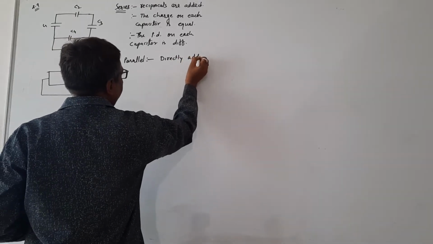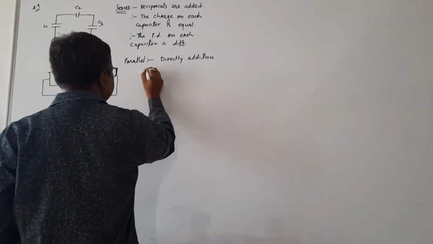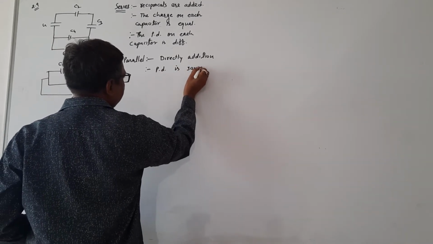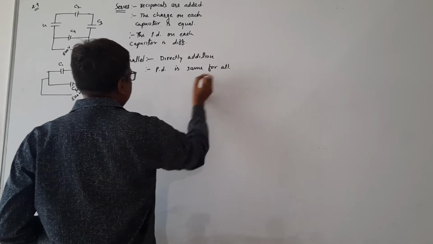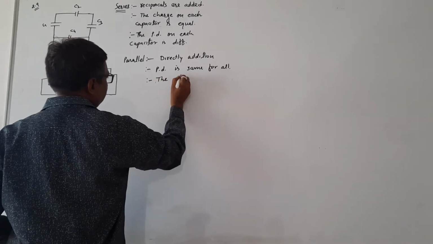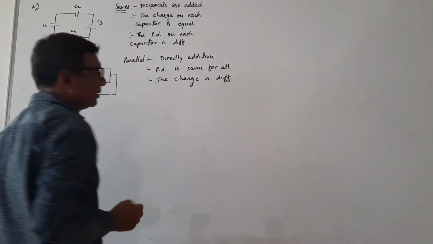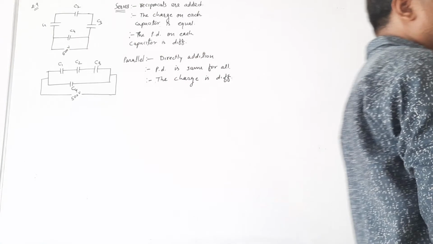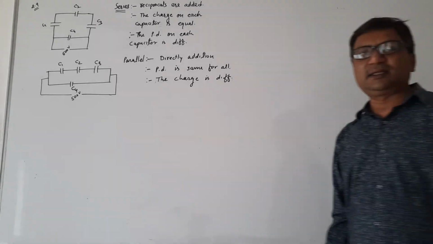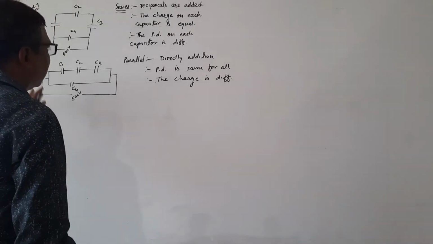For parallel connection, directly addition, you simply have to add. Secondly, the potential difference is the same for all, and the charge is different for all capacitors. So these are important statements, important notes when you are doing such kind of sum.